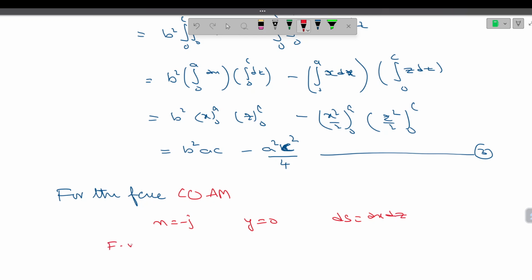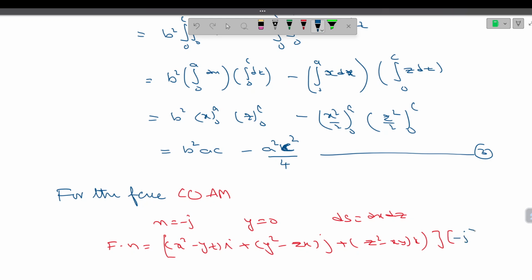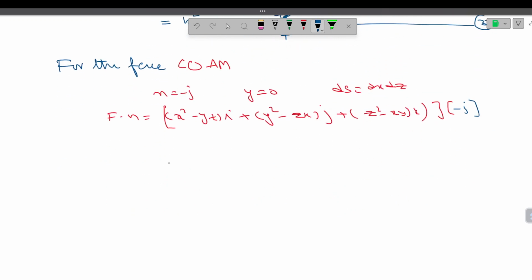So f dot n: f is x square minus yz of i plus y square minus zx of j plus z square minus xy of k. Dot with minus j, you see, everything else is 0. J dot j is minus 1 and y equal to 0. So minus zx times j dot j is minus 1, so minus times minus is plus zx.